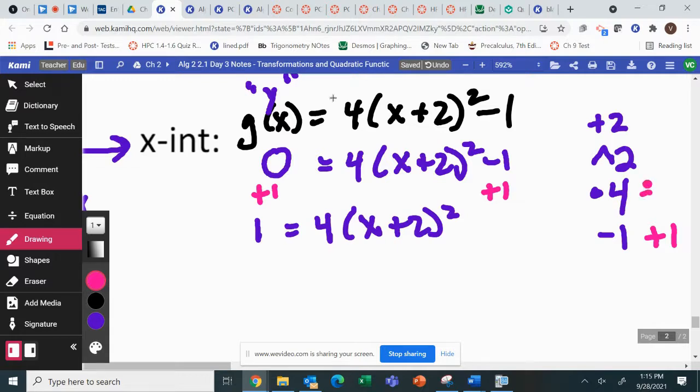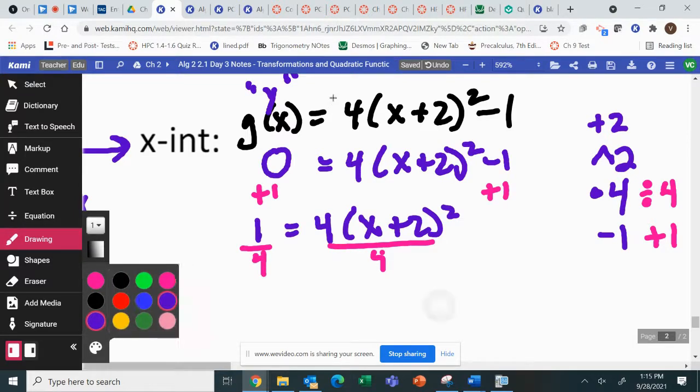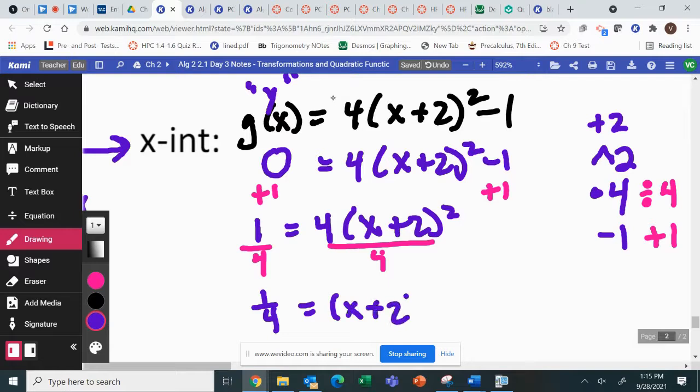Divide by. Yeah, divide by 4. So we'll divide both sides by 4. That was messy. Okay, so now I have 1/4 equals (x plus 2) squared.